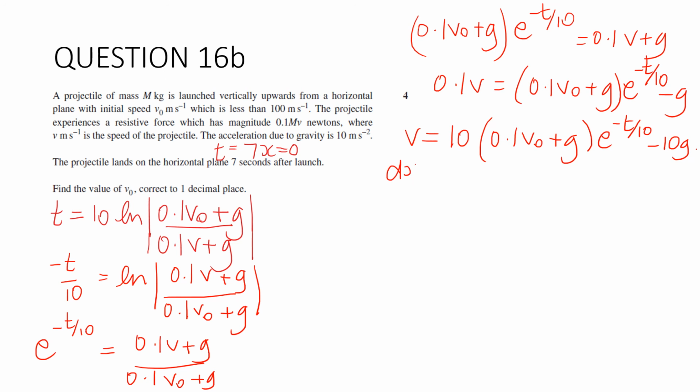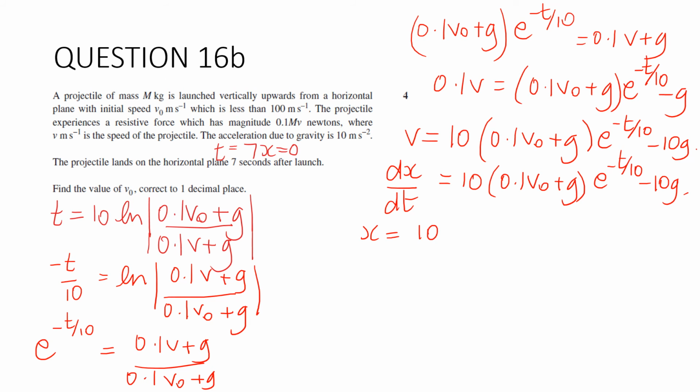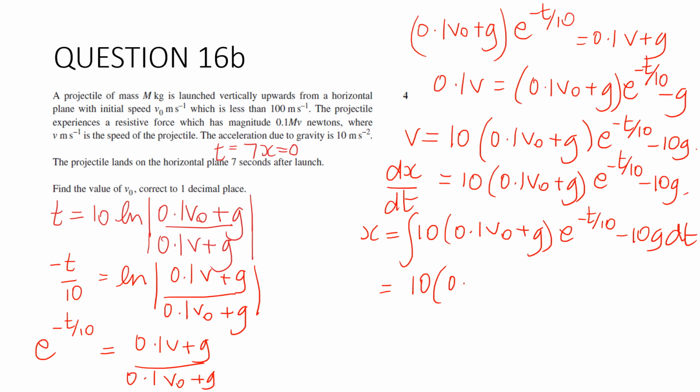All right, now we're going to have dx dt is equal to all of this, and so x is going to be equal to 10 integral 0.1 v naught plus g, that's all a constant there, e to the negative t on 10, take 10 g dt, equals 10 (0.1 v naught plus g), and I've got e to the negative t on 10 divided by negative 1 on 10, minus 10 gt plus c.